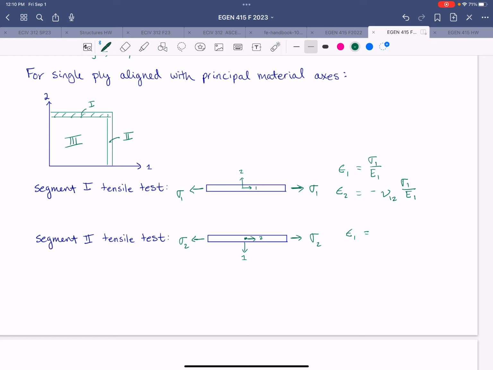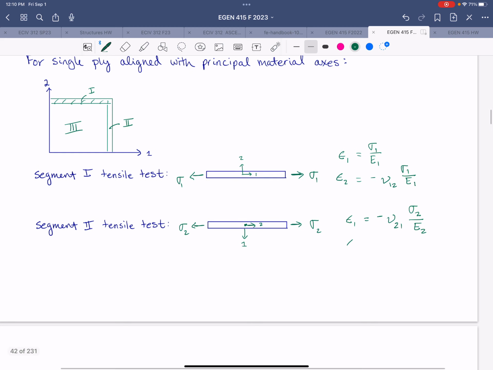So in the 1 direction, it would be negative Poisson ratio subscript 2-1 times sigma 2 over Young's modulus in the 2 direction. And then strain in the 2 direction would be just sigma 2 over capital E2.